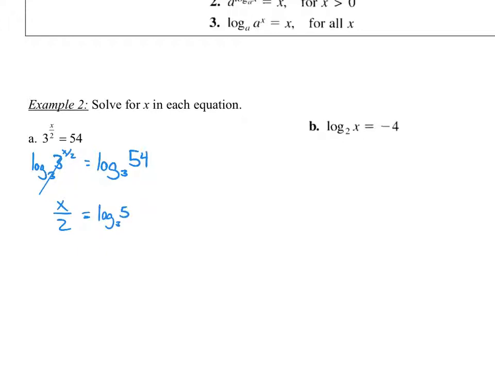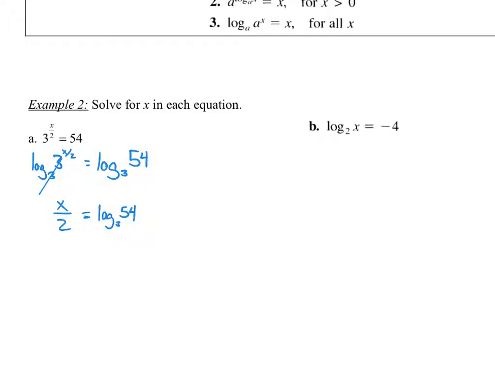54 is 27 times 2. So it's not a straight power of 3. So we can't really do this in our heads. What's that? Could you do something else? I mean, it would be 3 to the third times 2 and then times another 2. Could you put that into terms of x or no?